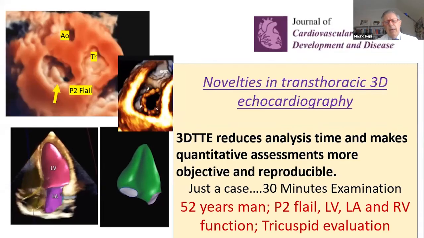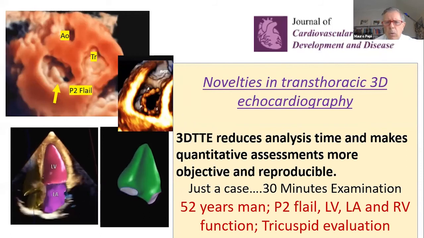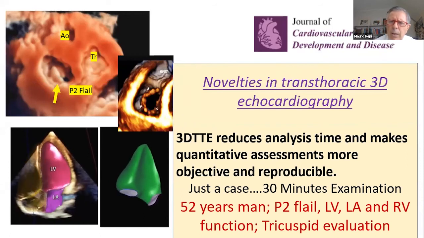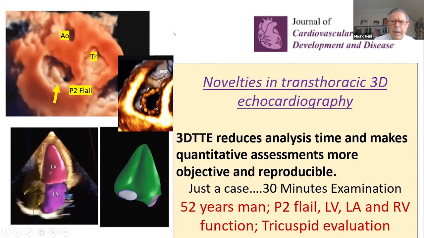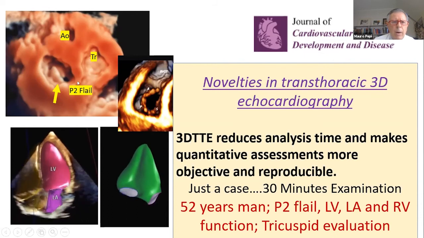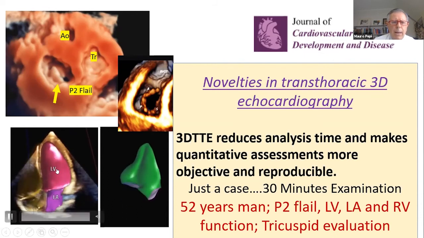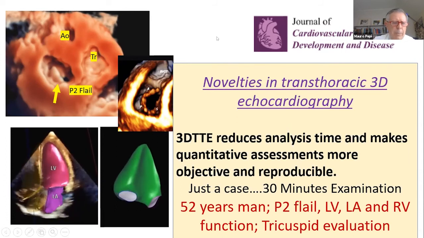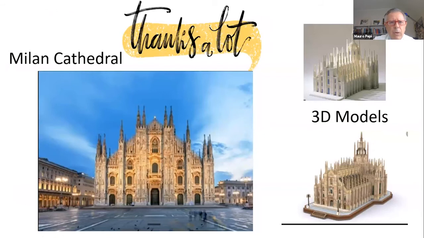So this is my last slide. 3D TTE reduces analysis time and makes quantitative assessment more objective and reproducible. This is a case of a young man with a P2 prolapse, with left ventricle, left atrium, right ventricle, and tricuspid valve analyzed in approximately 30 minutes. So I thank you a lot for your attention.